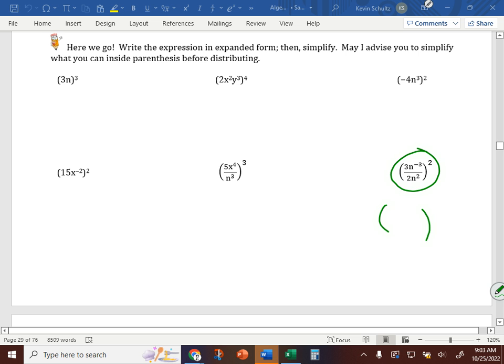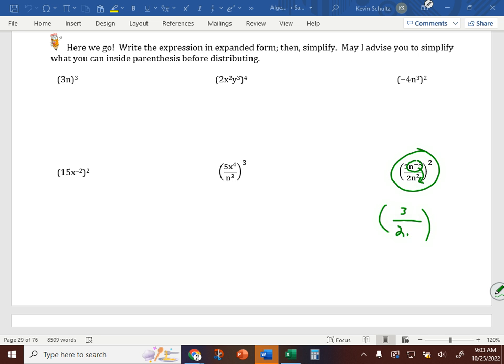Right. Two bases of n there, one being a negative power. Here's where we're kind of getting a taste of what CO15 will be like, where we can do more than one thing. I can move that n to the negative third down to the denominator, combine it with my n squared, and now I've got n to the fifth in my denominator instead of n to the negative third over n squared.